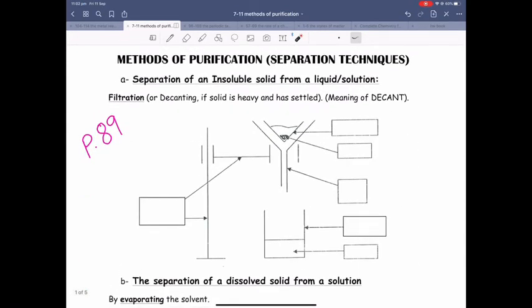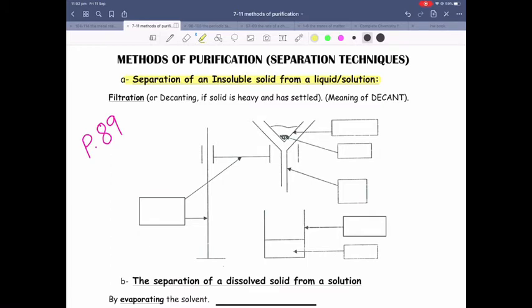So as I was saying, the titles are extremely important because the title tells you what type of mixture can be separated using that technique. All right, and you have to learn these properly, otherwise you're not going to know what type of technique to use with what type of mixture, and vice versa.